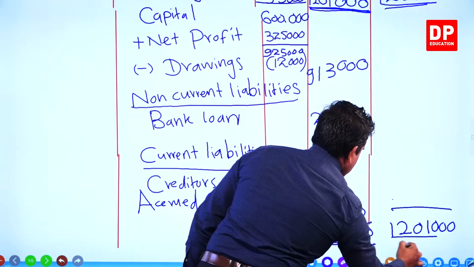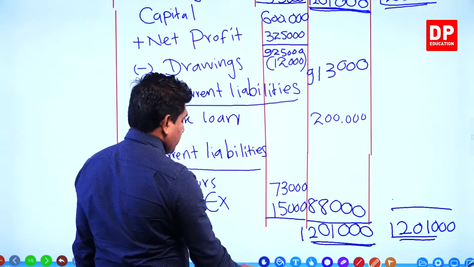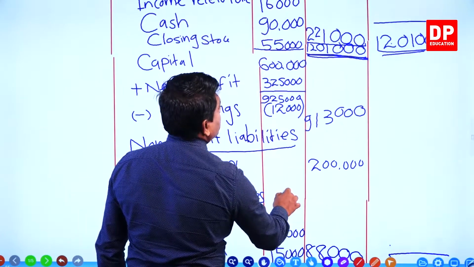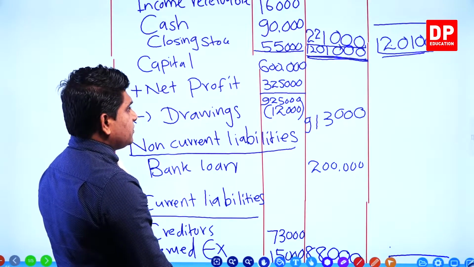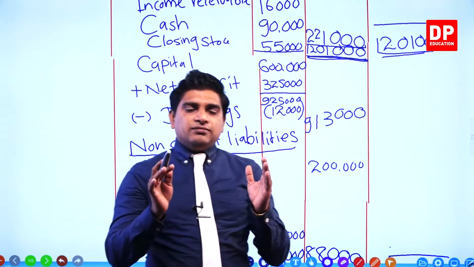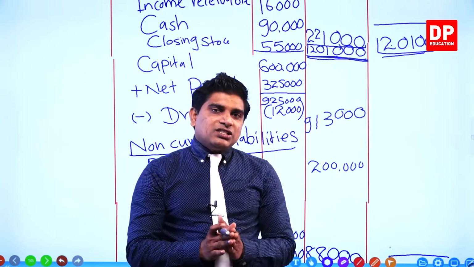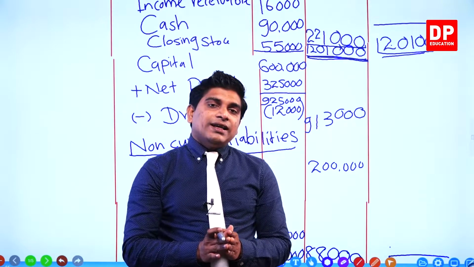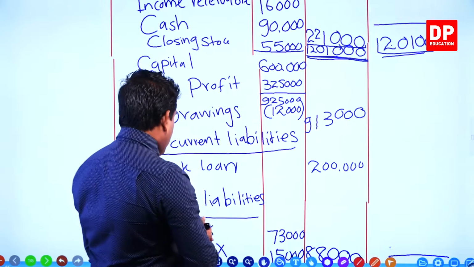Now this is the answer. Right? Above also you can see the same answer, 120,000. The other side also the same, right? According to the accounting equation theory, your total assets value should be equal to the total capital plus liability value, right? Now, I think you understood well.